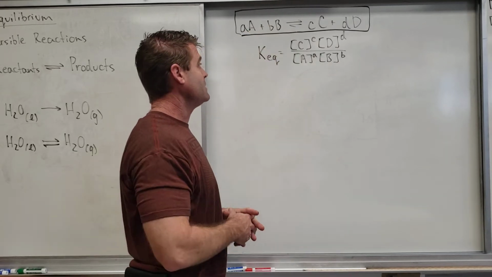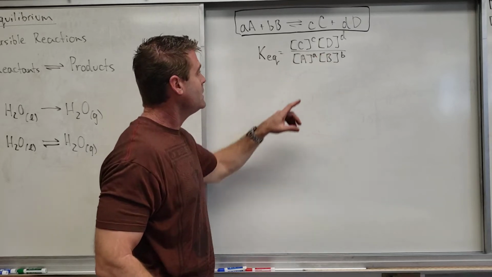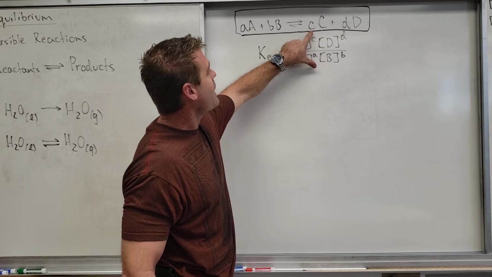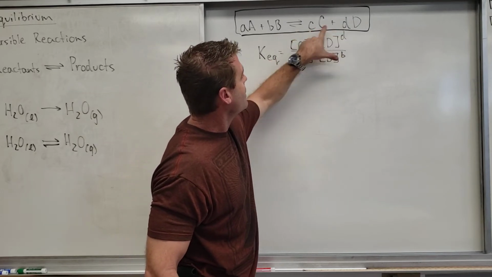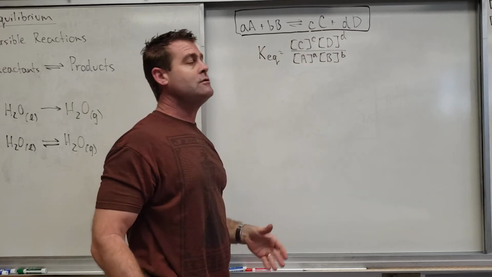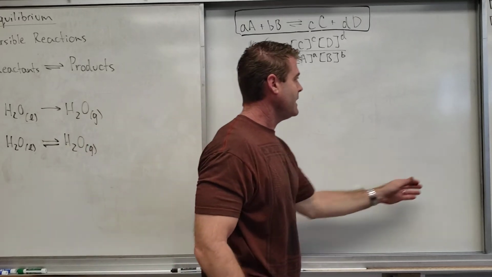That's kind of what we did with the golf balls. And they found that this always holds true. The concentration of your products is raised to the power equal to the coefficient. Whenever you do that, you're always going to get the same value every time. I'm going to show you how that works.